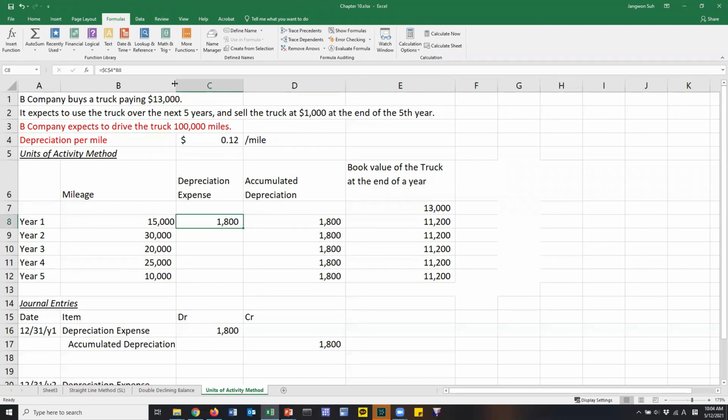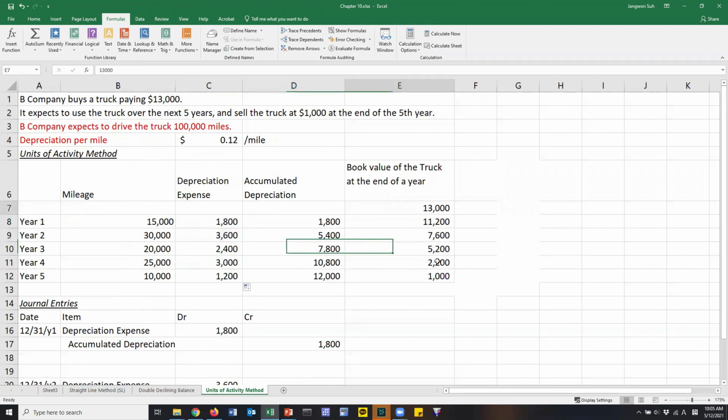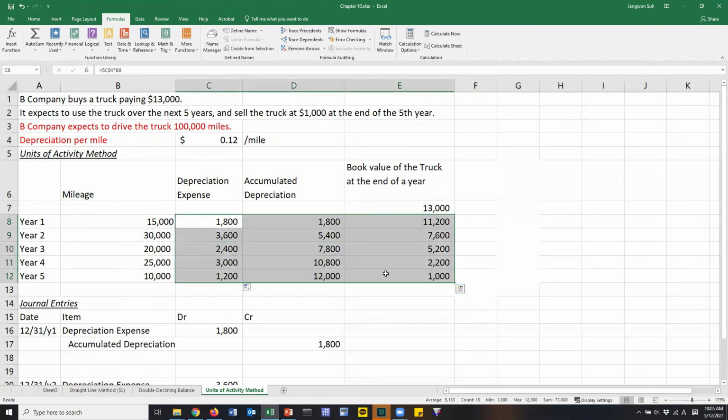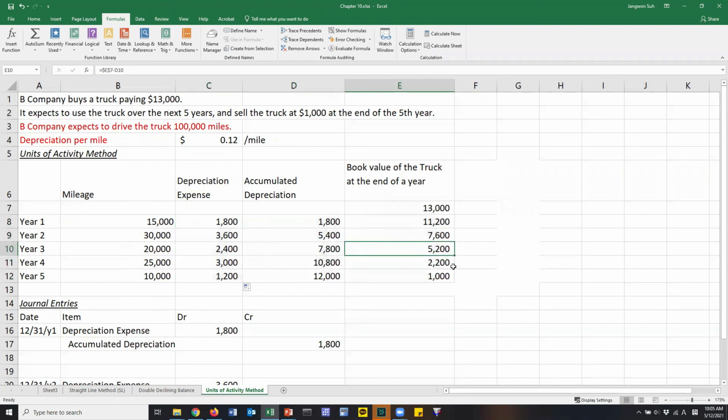How many miles? 15,000 miles, right? So you multiply this and that, you get this number. You do the copy and paste, and then you can see that your chart is easily filled in, right?